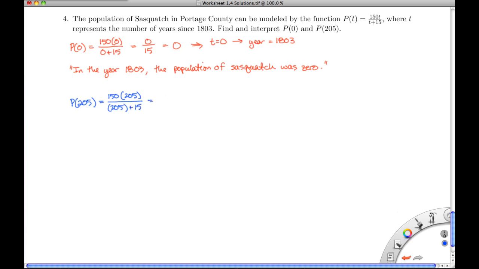All right, so if we multiply these two numbers out, we should get 3,075 divided by 220. And if we estimate this, it's approximately 139.77-ish. So what does this mean?